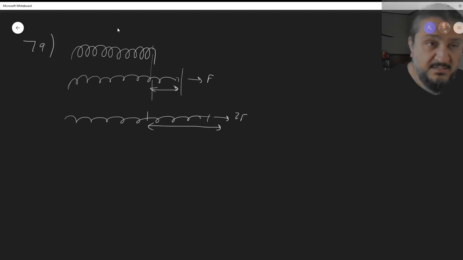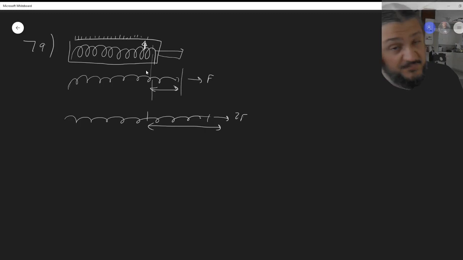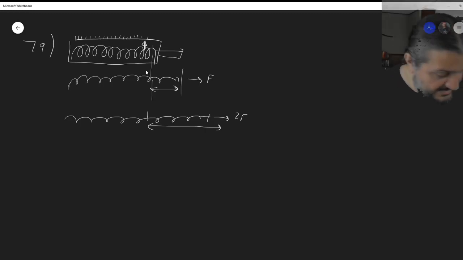So you can place this in a frame, and then maybe an extension here, and then you can add some scale here, which shows you what the force is. A spring scale. So spring scale A is attached to the floor, and the rope runs vertically upward, loops over an ideal pulley. Let me just draw the picture here.